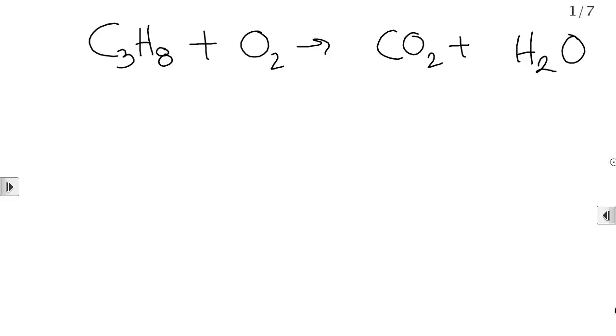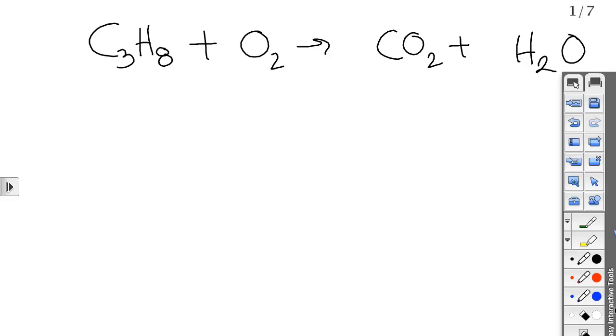So you could have written out the CHO and balanced through there. Now watch me do this. So this is how I do the combustion. You ready? Carbon is the same as the carbon.